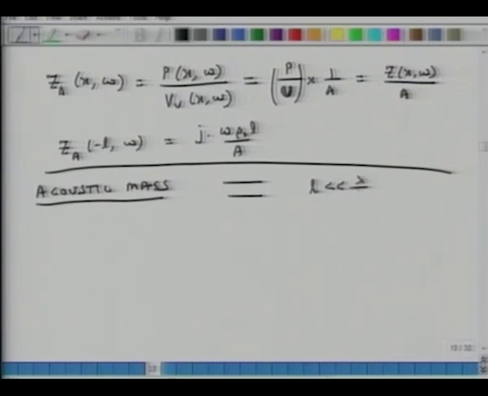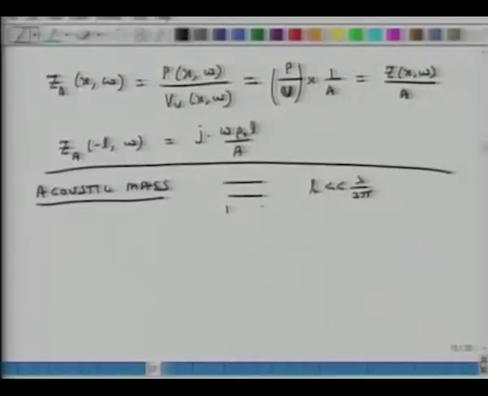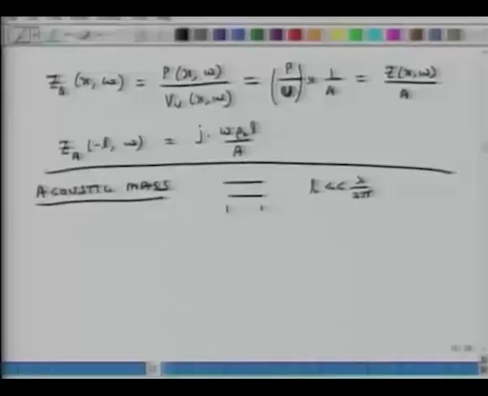Because it's very small, based on some of the discussions we have had earlier, the velocity profile in such a small tube, which is open at both ends, does not change significantly as I move along the x axis. So the air inside such a tube moves like a rigid mass, it moves back and forth.